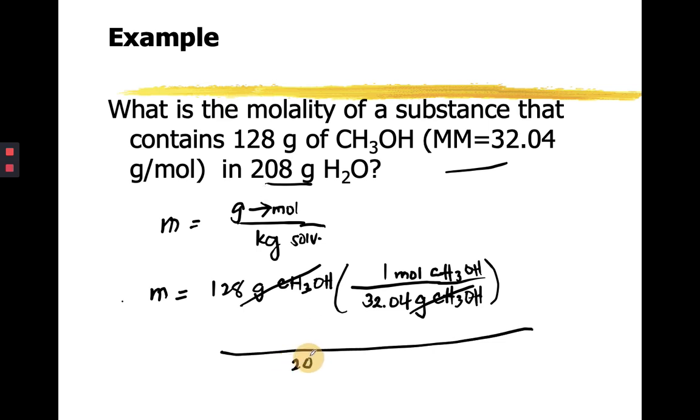Since we are given 208 grams of water, then therefore we still need to convert grams into kilograms. So we just divide it with 1,000. So 1,000 grams is to 1 kilogram. Or you can place it here directly. Just write 0.208, so decimal point 3 times to the left. So we have the following equation now. That's 128 divided by 32.04. That's equal to an answer here.